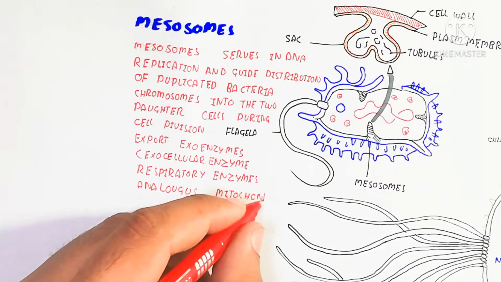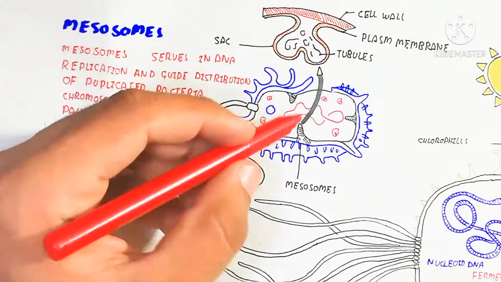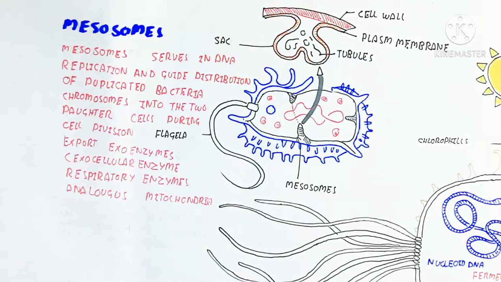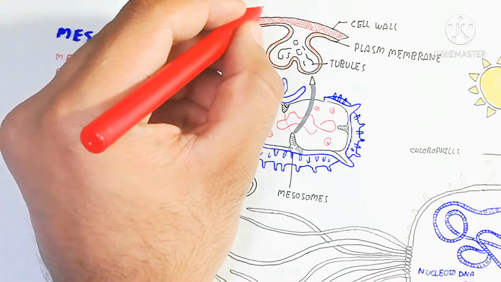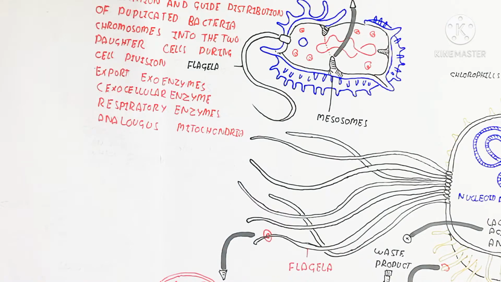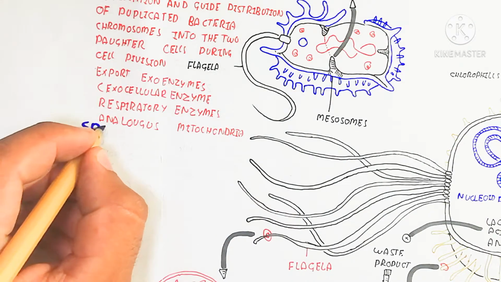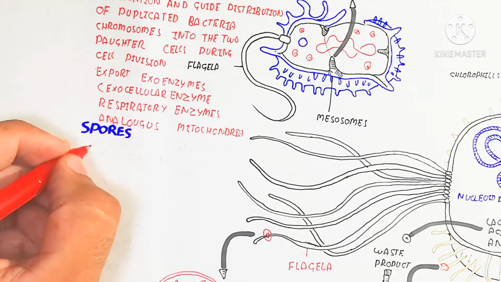Another important function of the bacteria is storage in the form of spores. The spore is important for the survival of the bacteria. A spore is an asexual reproductive cell which germinates into a new body.